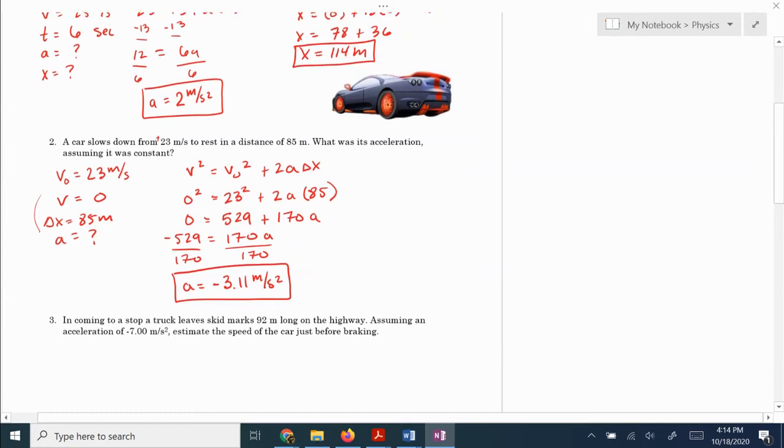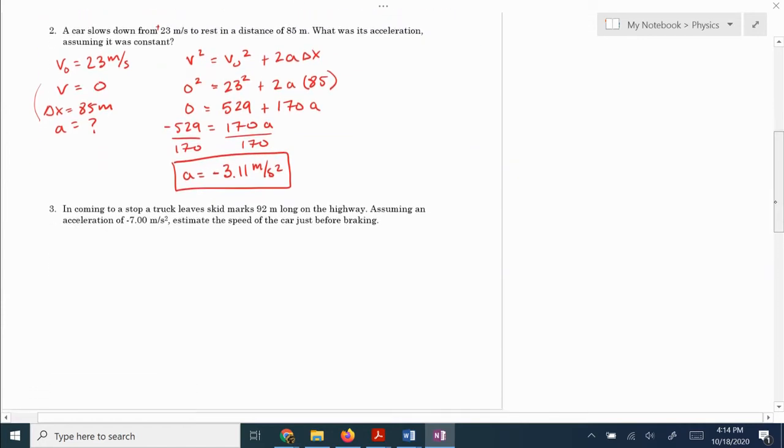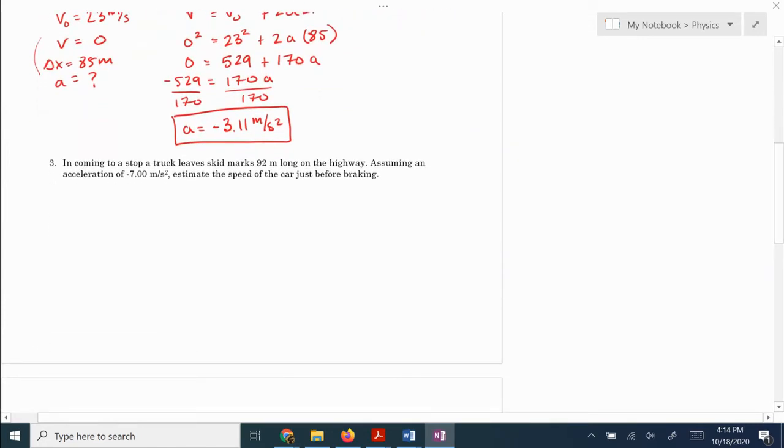Next, in coming to a stop, a truck leaves skid marks 92 meters long on the highway. Assuming an acceleration of -7 meters per second squared, estimate the speed of the car just before braking. Okay, so delta x is 92. Acceleration is -7.